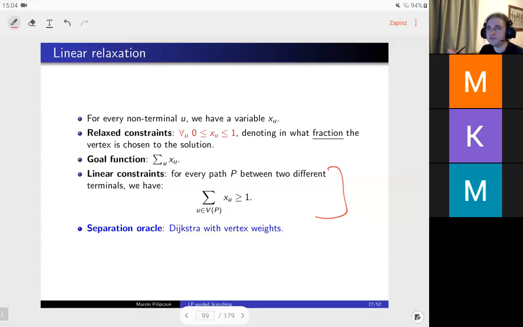If you have some weight distribution, finding a path between terminals that is not hit, with weight less than 1, is just a simple variant of the shortest path algorithm. So the separation oracle is not a problem here.